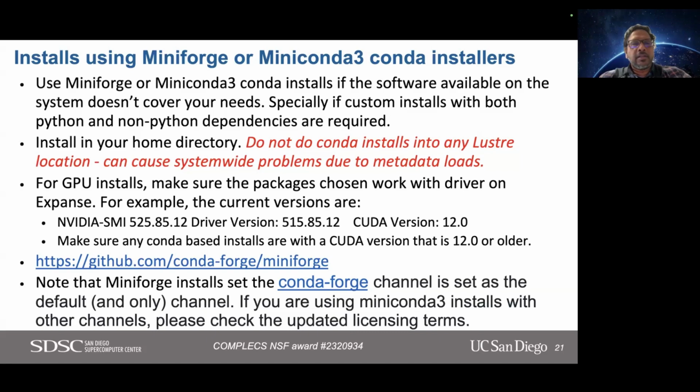But the main thing on the GPU side is, if you do a conda install, just make sure whatever version of the package you pick works with the driver on Expanse. So for example, our current driver, and we are about to update this, is 525.85.12, and the CUDA version is 12. So if you try to install something that needs a newer CUDA, which might happen, because if you do a conda install with the latest version, it'll just pull in whatever is the latest available version.